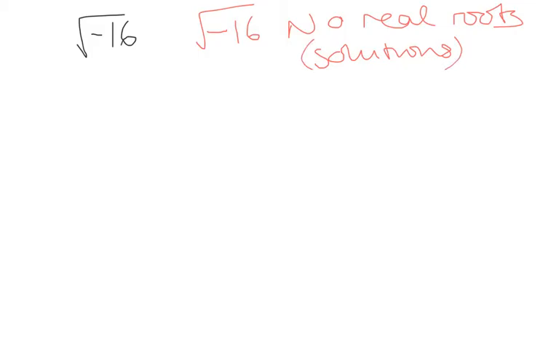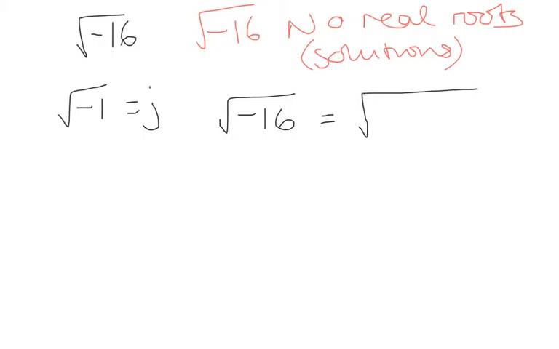This time we can use the square root of -1, j, in order to get a complex solution or two complex solutions. Changing the square root of -16 into the square root of -1 times 16, this means the square root of -1 multiplied by the square root of 16.